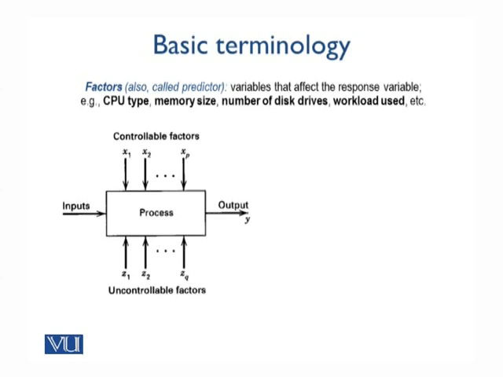So a factor is something that you can change. Examples in network performance evaluation settings would be CPU type, memory size, number of disk drives, workload used, throughput, and so on. Okay, now let us study what a response variable is.